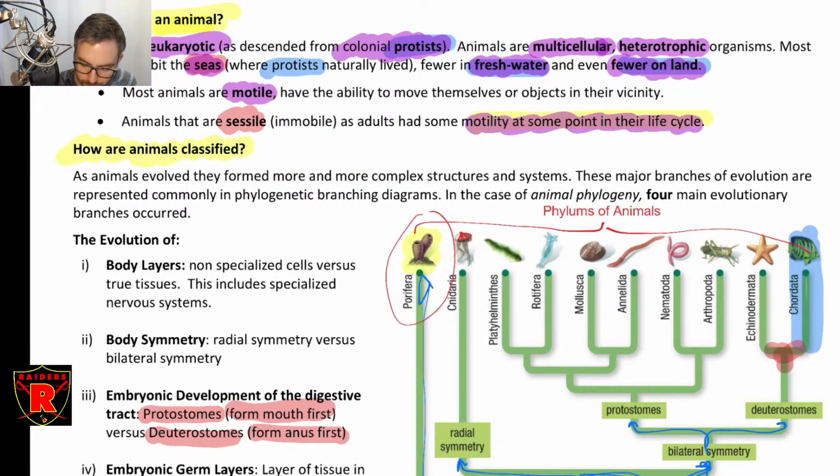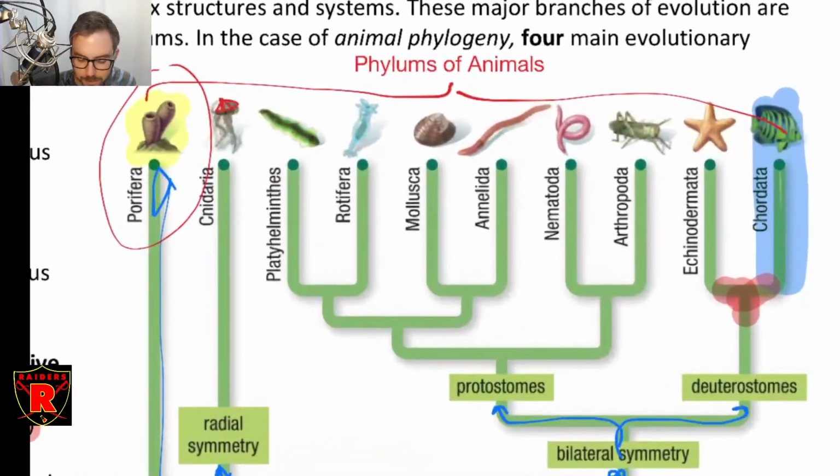So all of these groupings, all of these phyla, are motile for their entire life cycle, except for Porifera, sea sponges, which are only motile during their infant stage, basically, where they're swimming. It's directed movement. But then once they attach to a place on the ocean floor, they've essentially become sessile for the rest of their life.